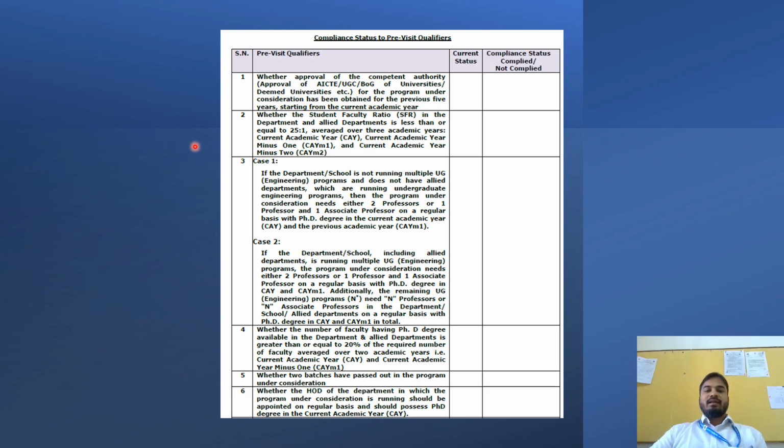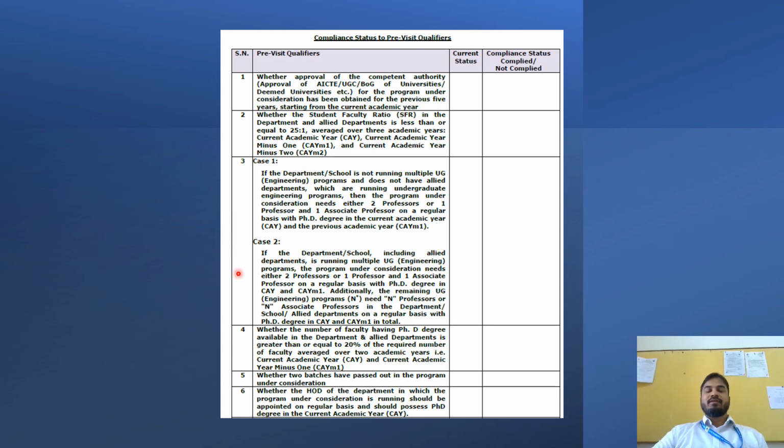So in serial number 3 of this compliance table, you see there are two cases. If the department that is going for accreditation does not fall in any cluster department or allied departments, then it should have two professors or one professor and one associate professor with PhD degree in current academic year and current academic year -1.